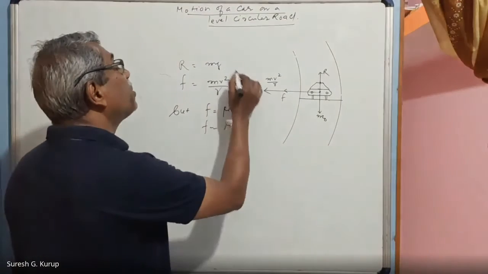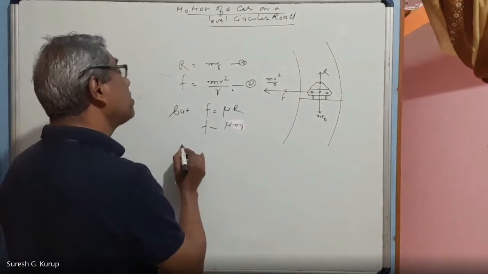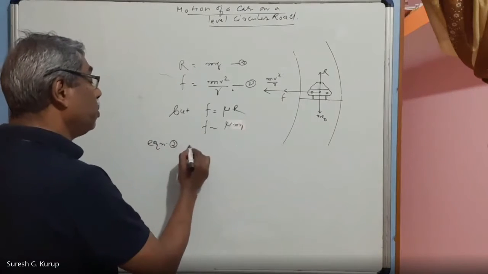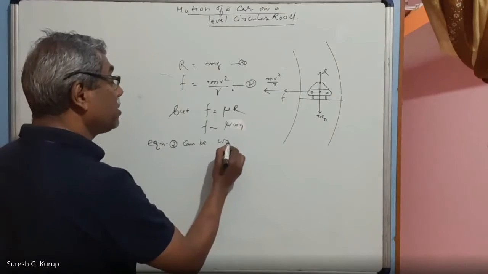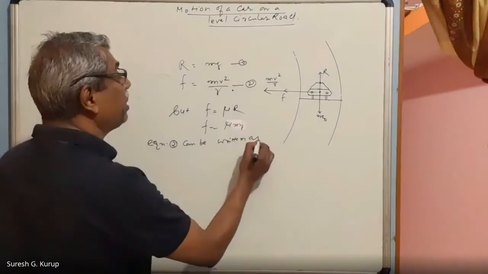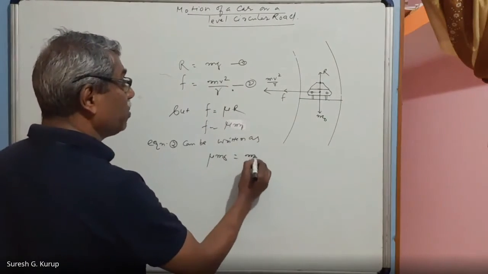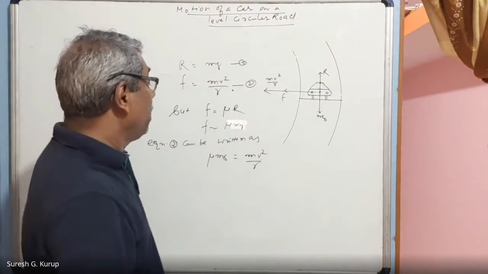So this is equation number one, this is equation number two. Equation two can be written as mu mg is equal to mv square divided by R. Am I correct?